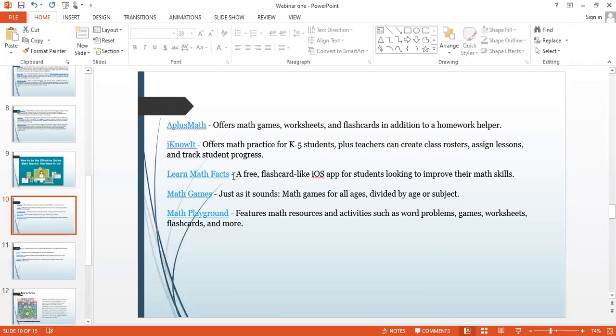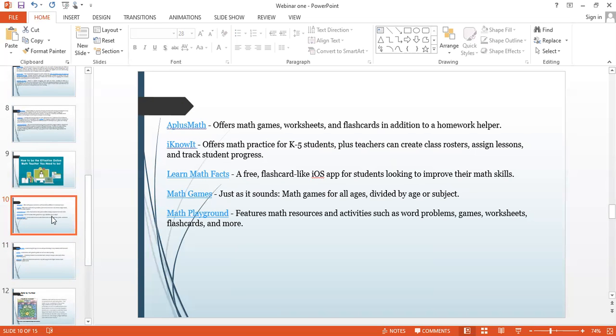Next is Learn Math Facts, a free flashcard-like iOS app for students looking to improve their math skills. Next is Math Games. Just as it sounds, math games for all ages divided by age or subject.